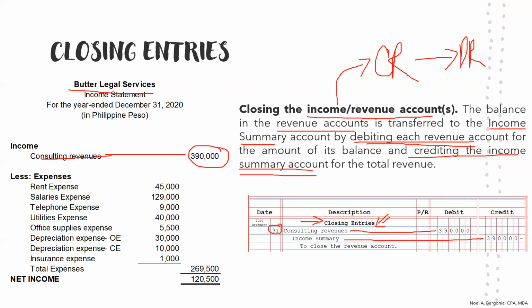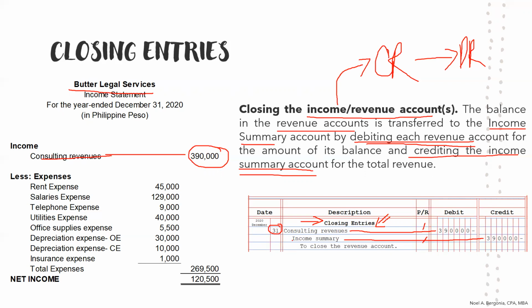So actually, after mong ma-journalize yan, diretso ka na sa posting. At pagka-post mo niyan, ibig sabihin yung inyo pong consulting revenue account is already zero or na-close na po natin. Pero mamaya na po ako magdi-discuss kung paano siya properly i-post sa ledger pag natapos ko na po lahat yung mga closing entries. Okay? So ayan, kaya wala pang PR na nakalagay kasi hindi pa siya posted.